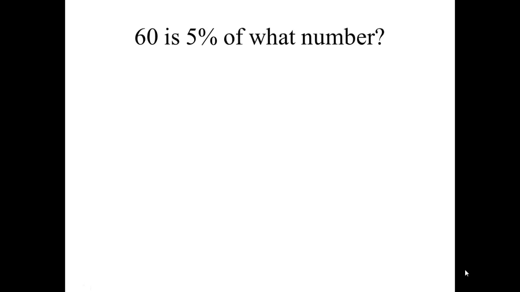60 is 5% of what number? In this problem, we see that our percent is equal to 5. Following the word of is our unknown, so our unknown is our whole. So we'll use the variable w. 60 is on the other side of the word is, so that is our part.